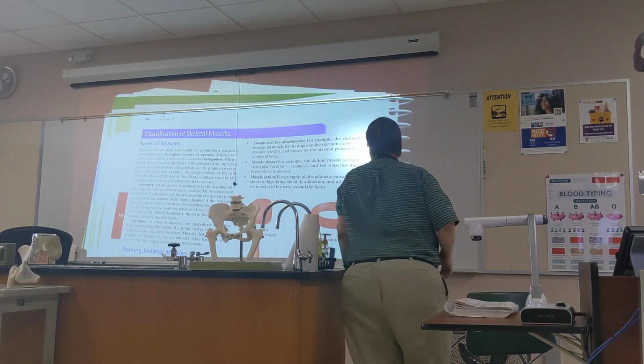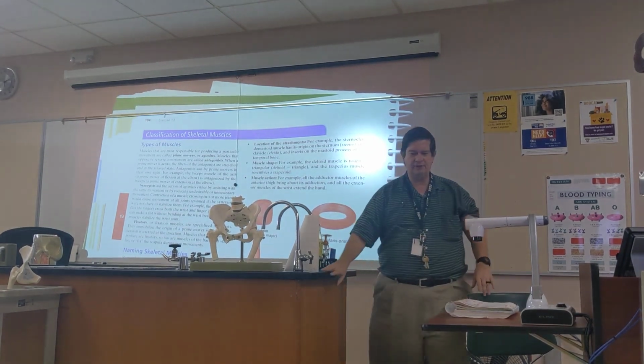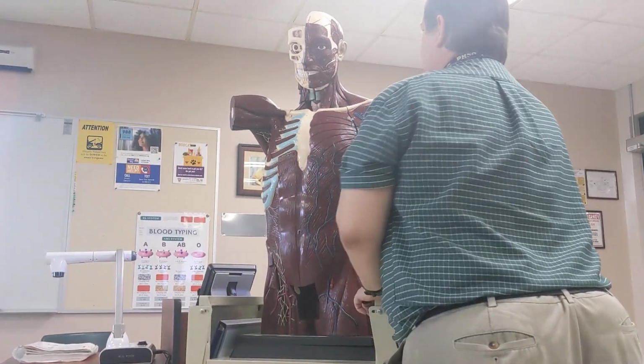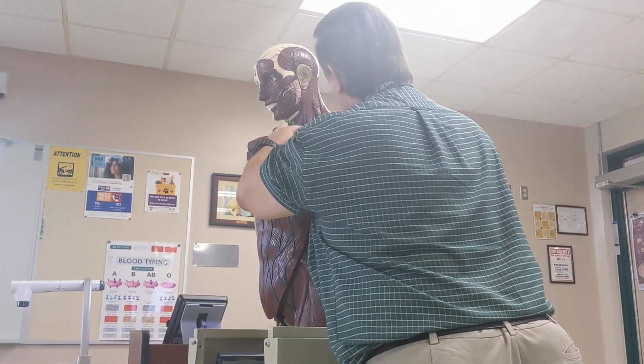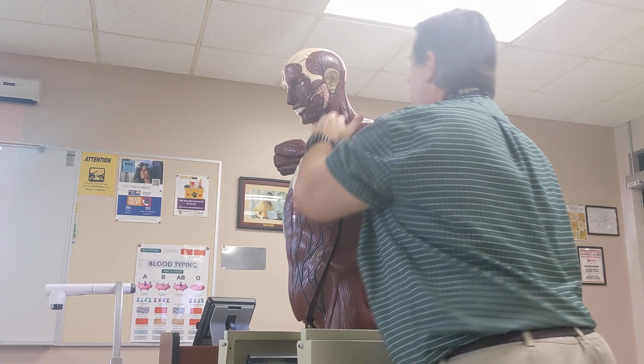There we go. Location of the attachments. One of my personal favorite muscles. We've talked about this a bunch. Okay, right here, we have a muscle that's named for where it's attached.